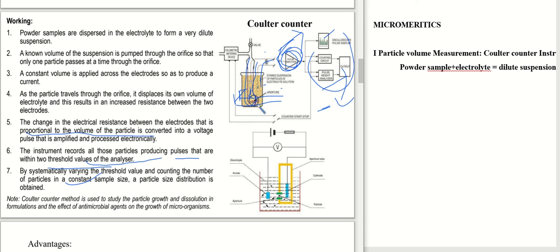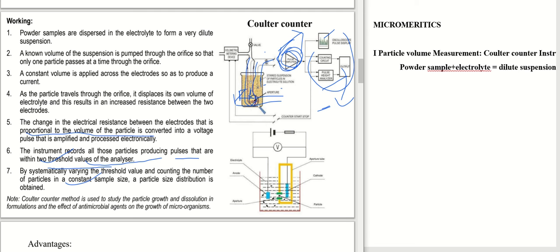Because for the particles which are producing pulses, we will be setting up two threshold values for the analyzer. So if a particle produces pulsation between these values, we'll be sharing the same particle volume. That is how particle volume, particle size, number of particles, and particle size distribution can be determined.